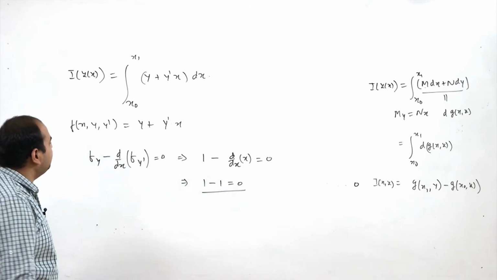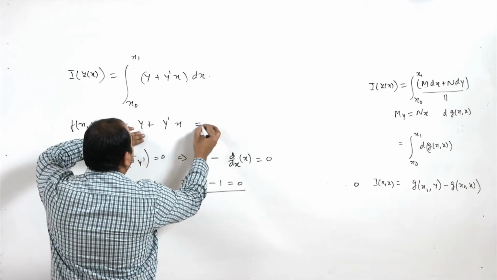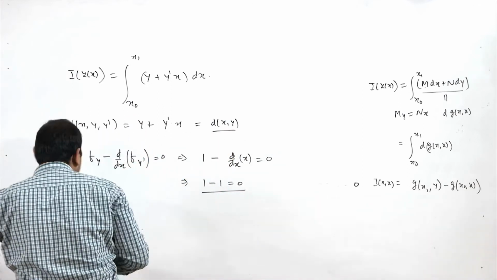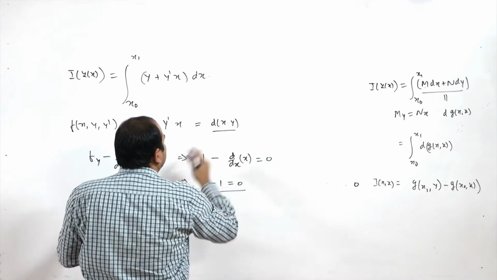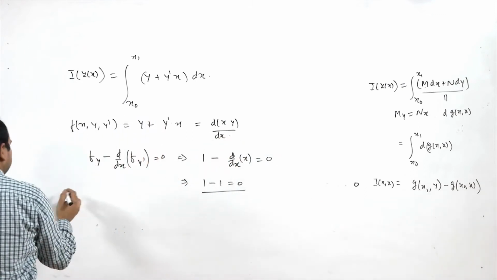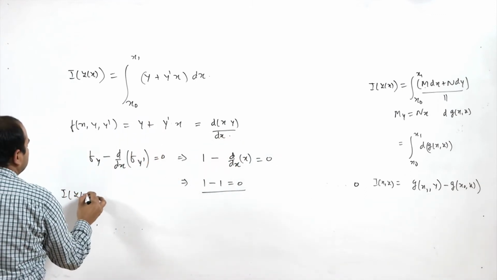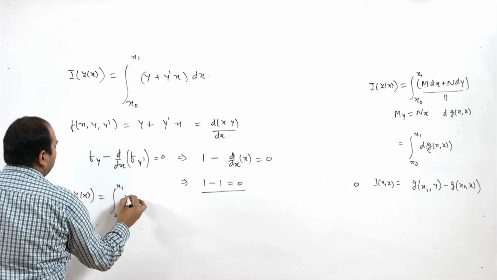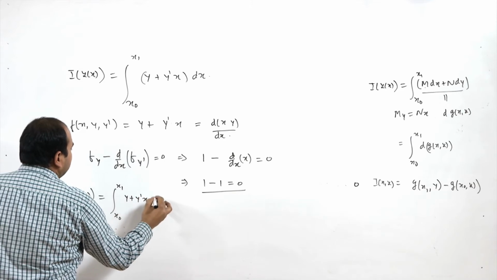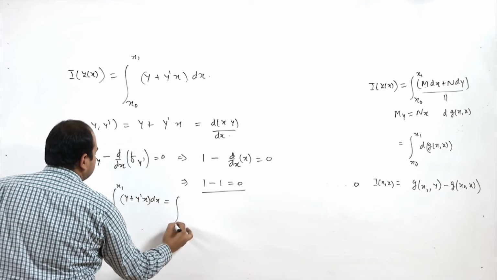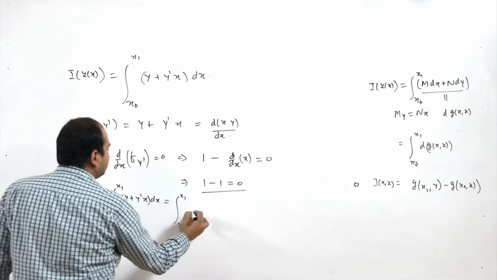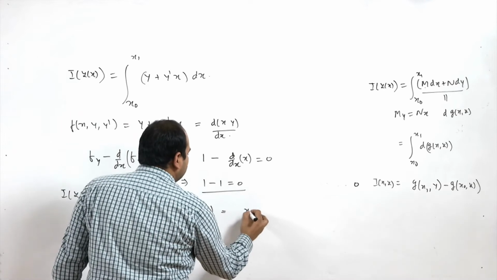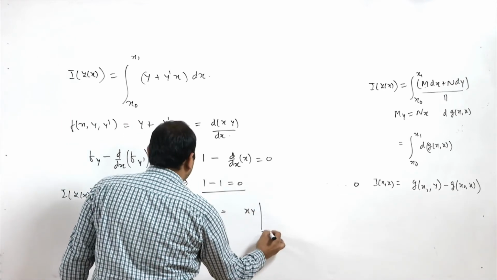So in this case, this is nothing but d of x y with respect to dx. So I of y of x, which is the integral from x naught to x1 of y plus y dash x dx, is written as the integral from x naught to x1 of d of xy, and it is nothing but xy evaluated from x naught to x1.